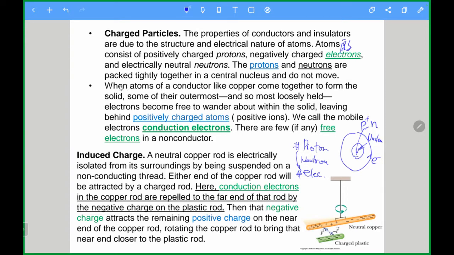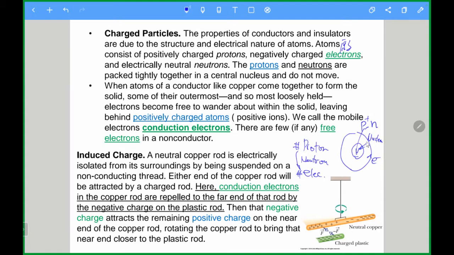And here we will also find that when the atoms of a conductor like copper come together to form a solid, which means we have many copper atoms, then actually the nuclear lattice cannot move.